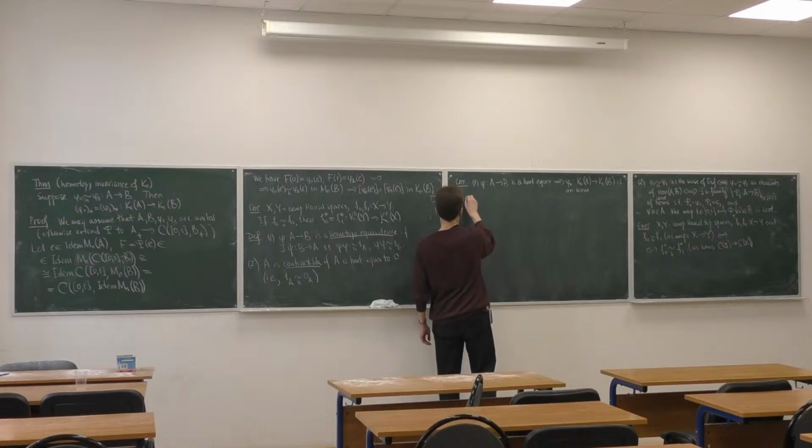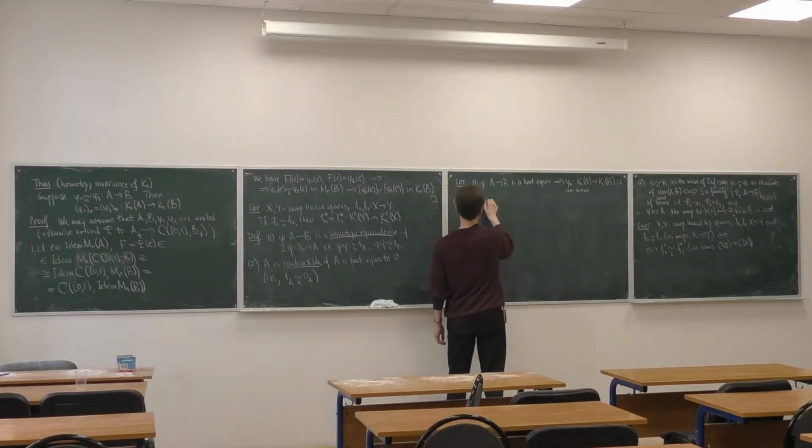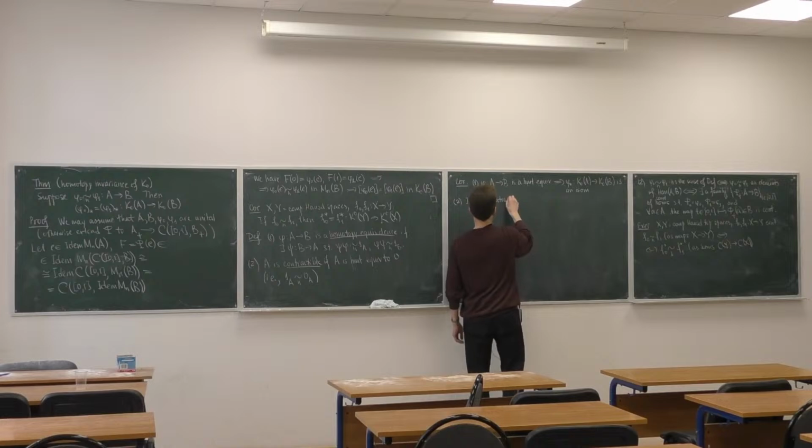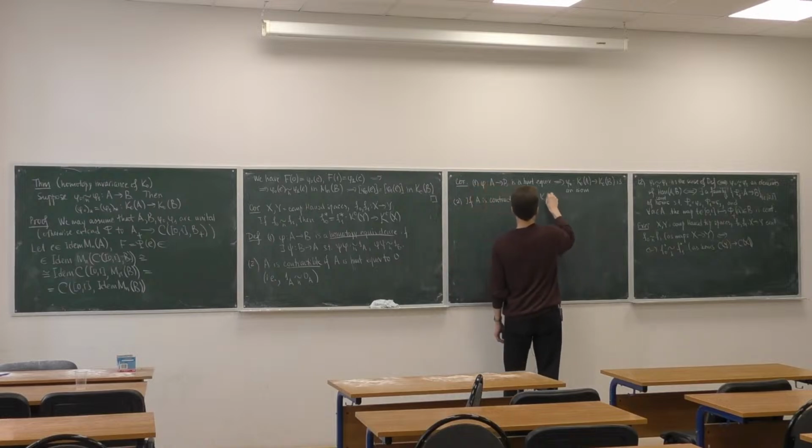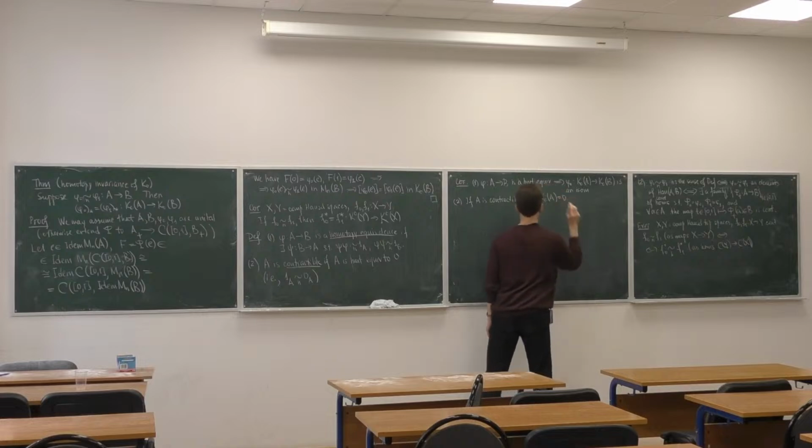And if A is contractible, then K0 of A is trivial. K0 of A is 0.